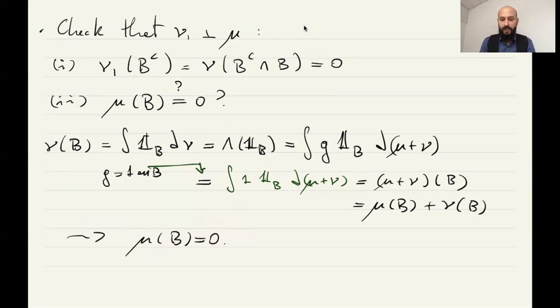Okay, so we checked that nu 1 is singular with respect to mu. Now let's check that nu 0, which is what's left, is absolutely continuous with respect to mu.